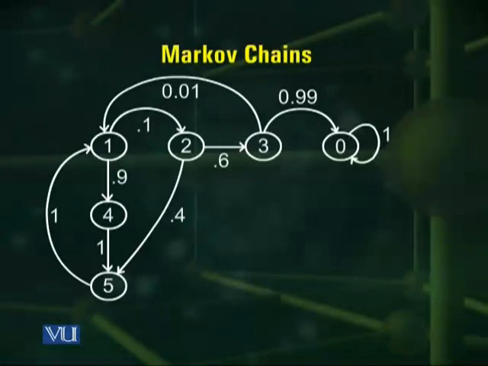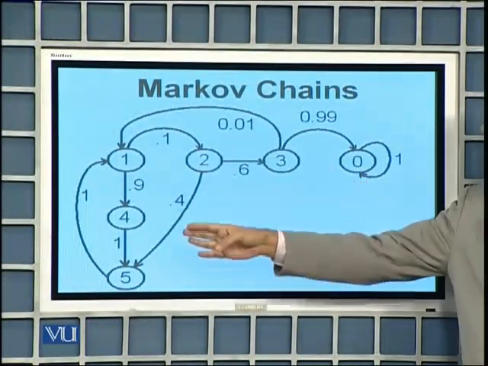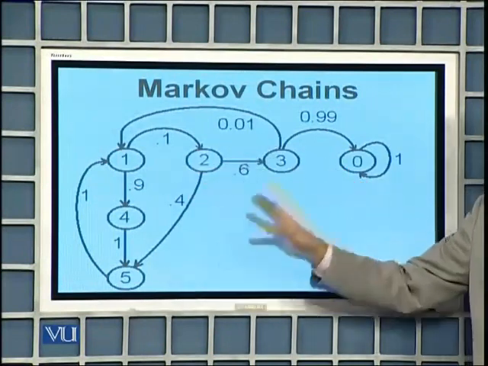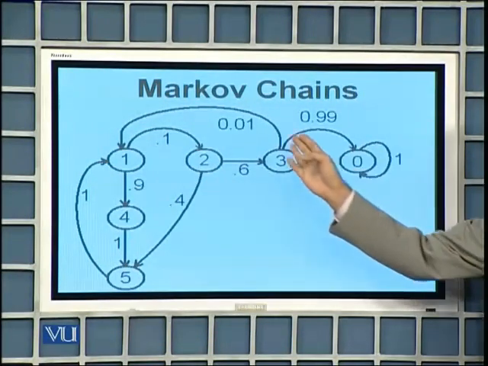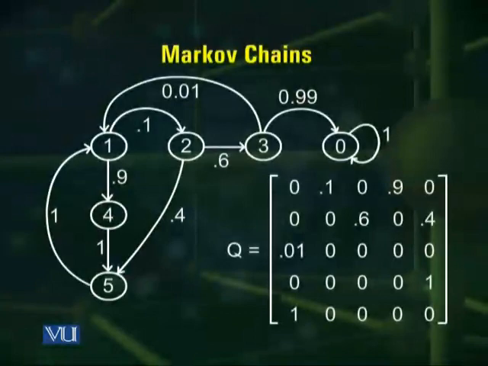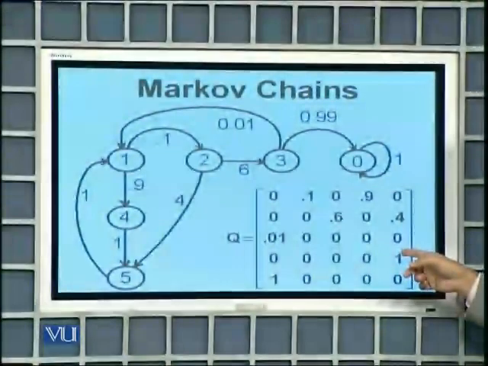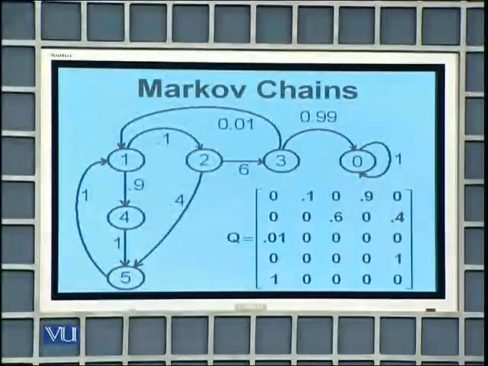The graphical model of this random phenomenon is shown on your screen, with state 0 being the recurrent state, the only state in the recurrent subclass, and these 5 states 1, 2, 3, 4, 5 are transient class states. So we are going to look at the submatrix representing all the transitions within this class and call it Q. Here is this submatrix Q, which is 5 by 5, and it represents all the transitions within this transient class.